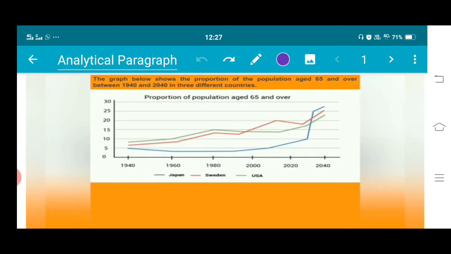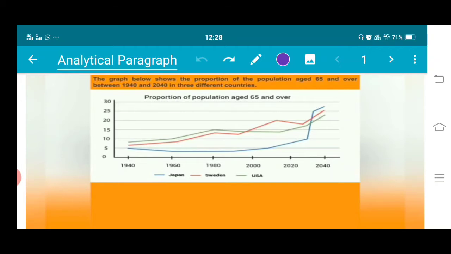The graph below shows the proportion of the population aged 65 and over between 1940 and 2040 in these different countries, and the countries given are Japan, Sweden, USA. The blue line is for Japan, the red line is for Sweden, and the green line is for the USA.